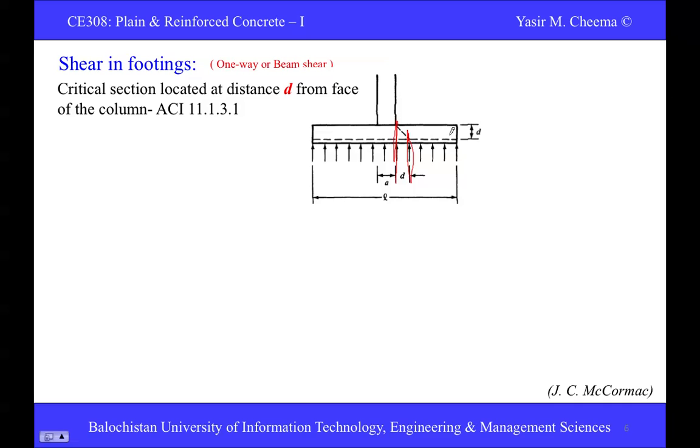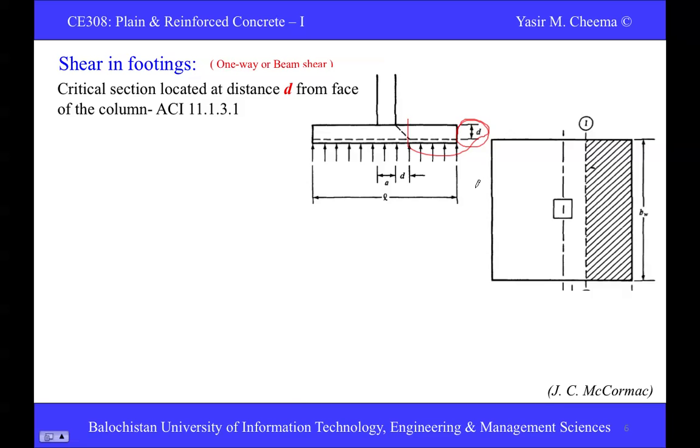Interestingly, this D is actually the effective depth. Don't get confused by this D; it is the effective depth. So we can say that the critical section of an isolated footing in one-way shear occurs at a distance equal to the effective depth of the beam there, or the effective depth of the slab here.